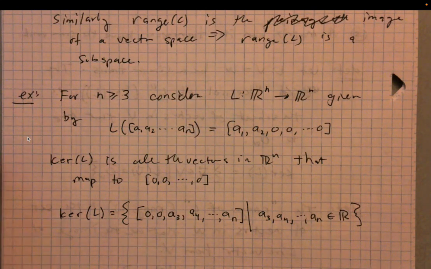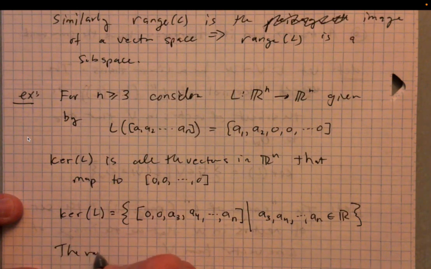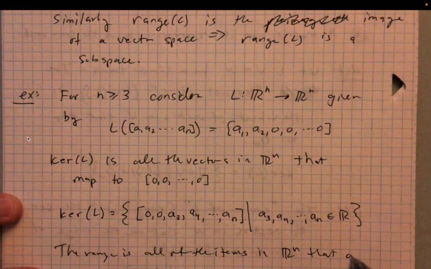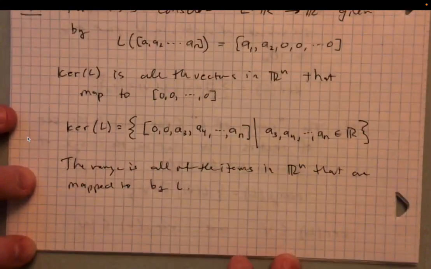Okay, and so what does the range look like? Well, the range is going to be all of the items in Rn that are mapped to by L. That's the definition.